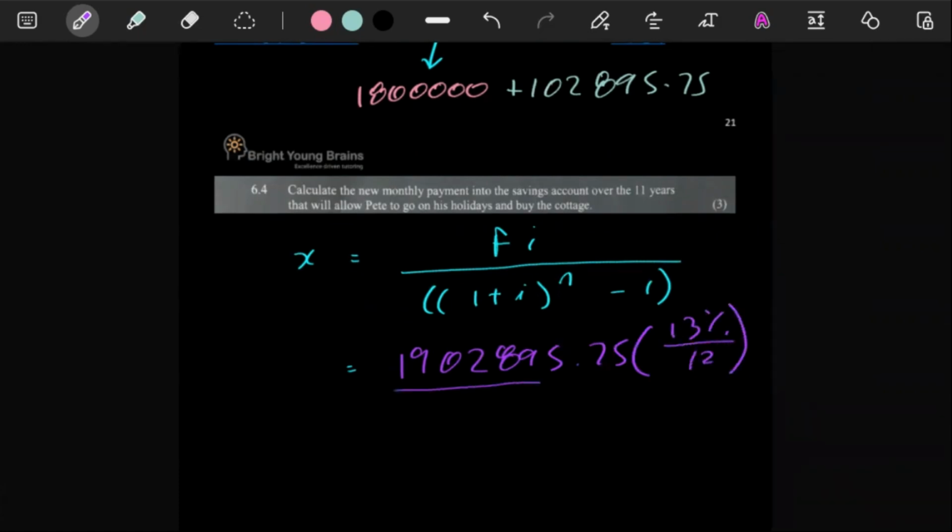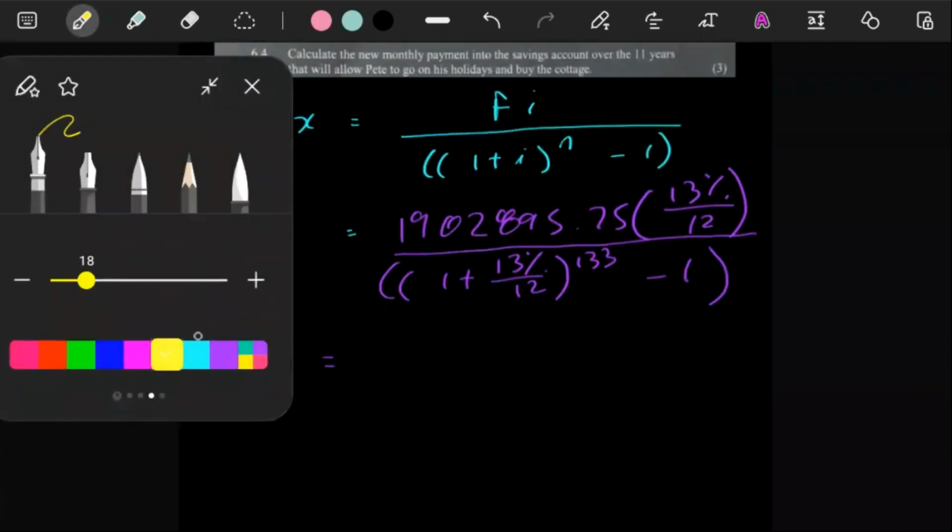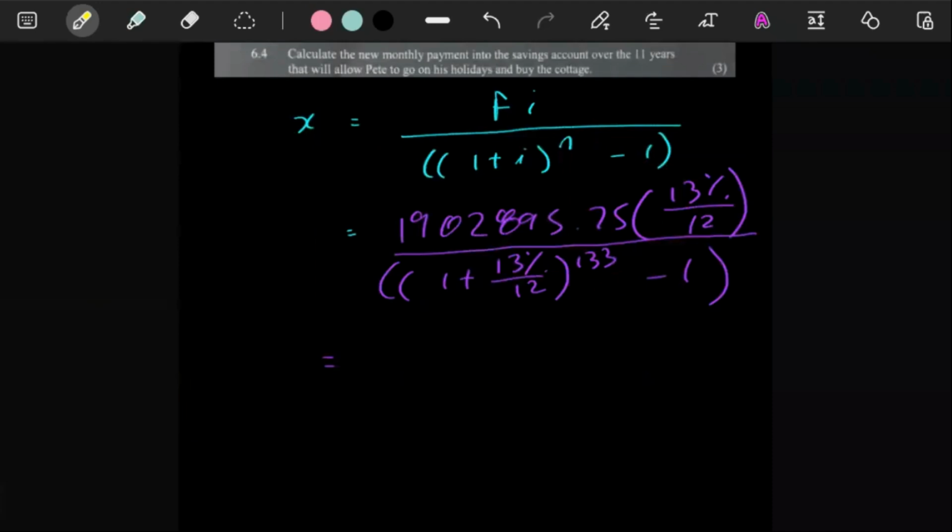And then here we have 1 plus the interest, 13% over 12, to the power of 133, minus 1. And then, yeah, now we can just put all this into the calculator.